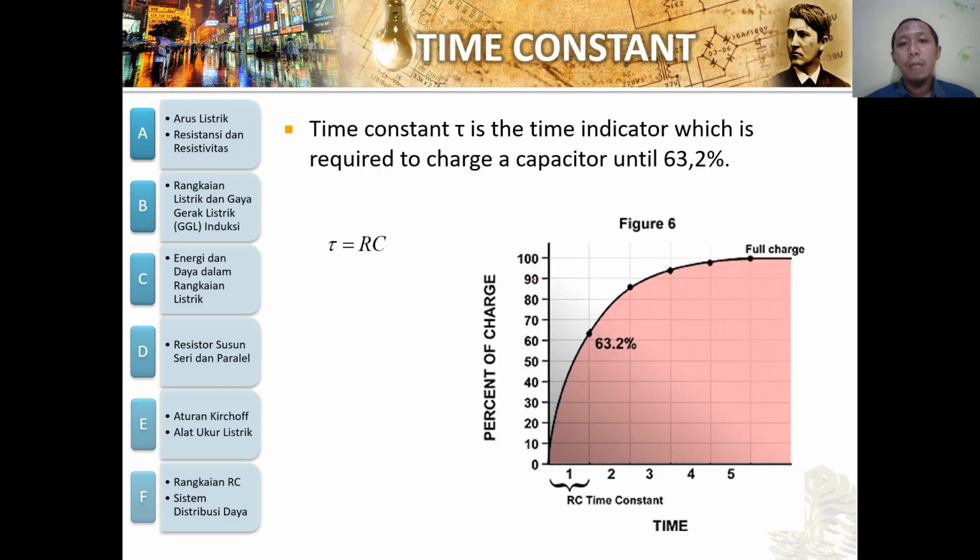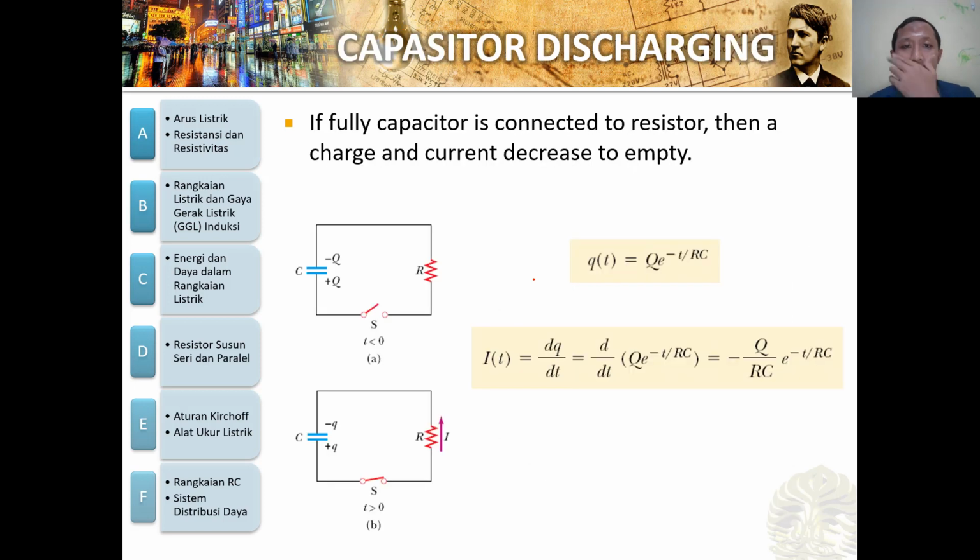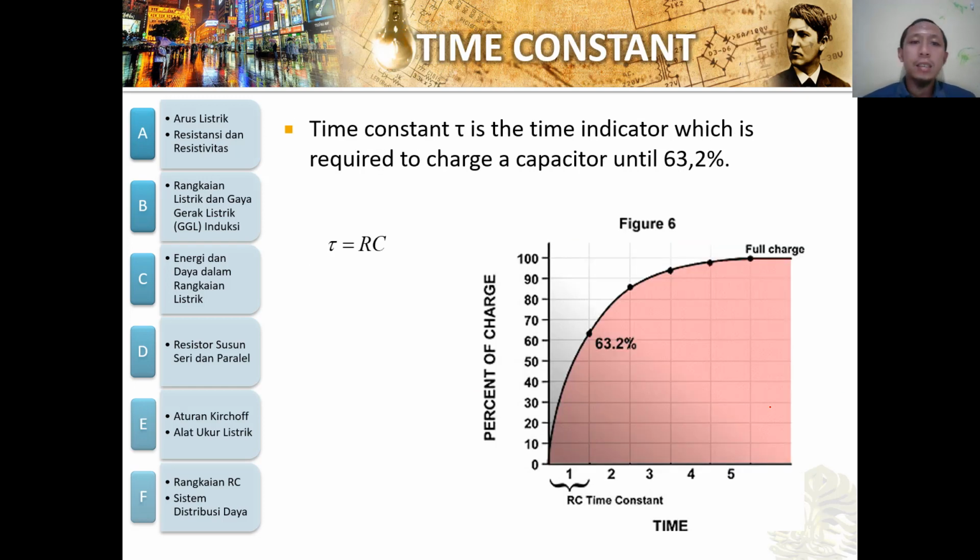Okay, if the fully charged capacitor is connected to the resistor, then the charge and current decrease to empty. We have to discuss about this one. And then this is the time constant, the time indicator required to charge the capacitor to 63.2%. So tau is RC, simply like this.